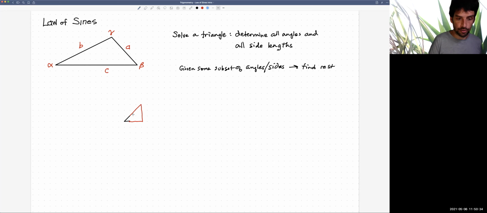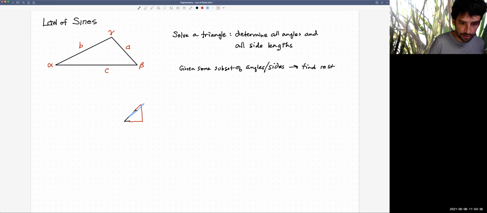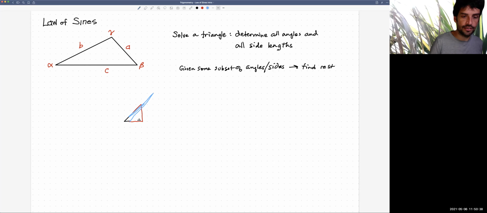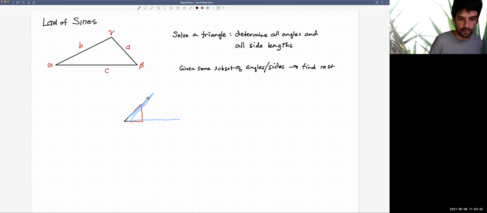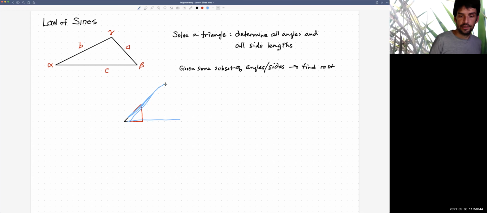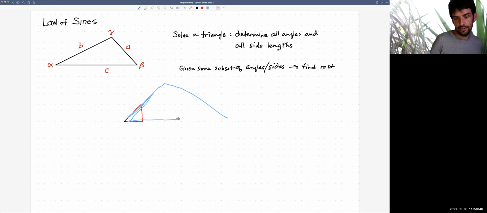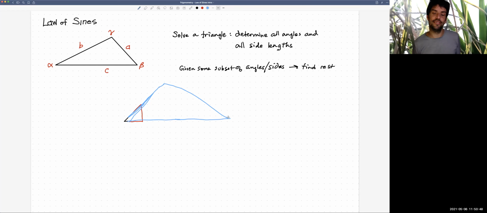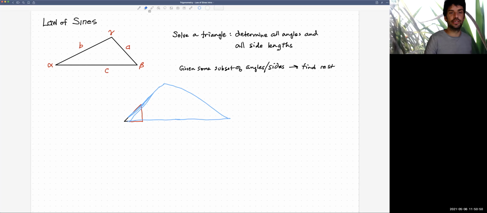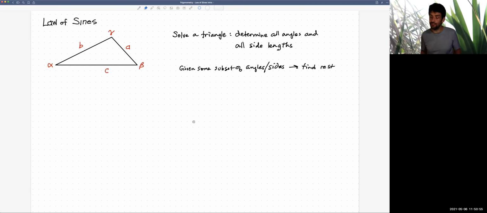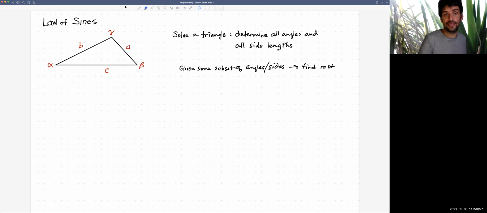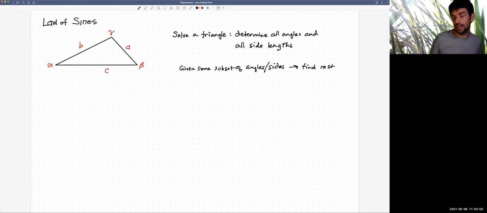I could also draw one that goes something like this. I could draw one that might look something like this, right? I can just keep doing this. All it has to have is that little corner the same, right? So clearly knowing one angle isn't enough to then determine the rest of the triangle.